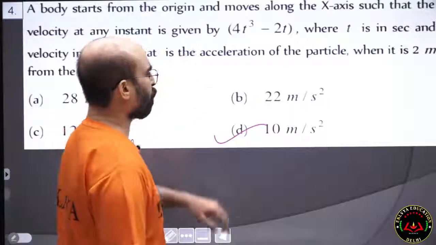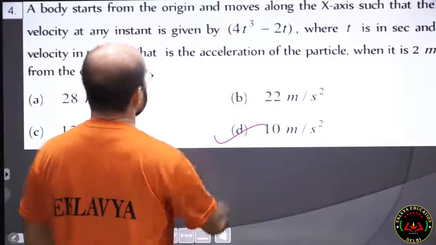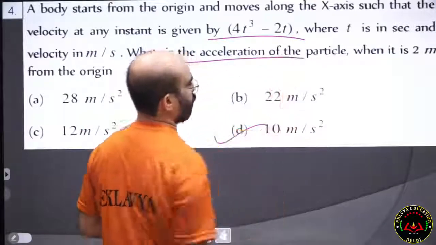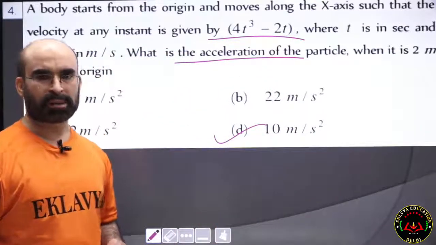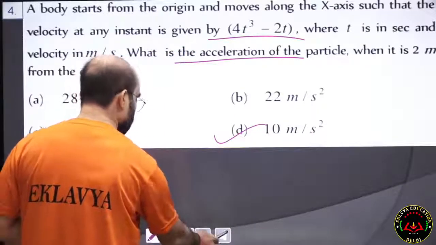Here velocity is given and acceleration is to be found. That is easy, no? Differentiation. We have done it all.